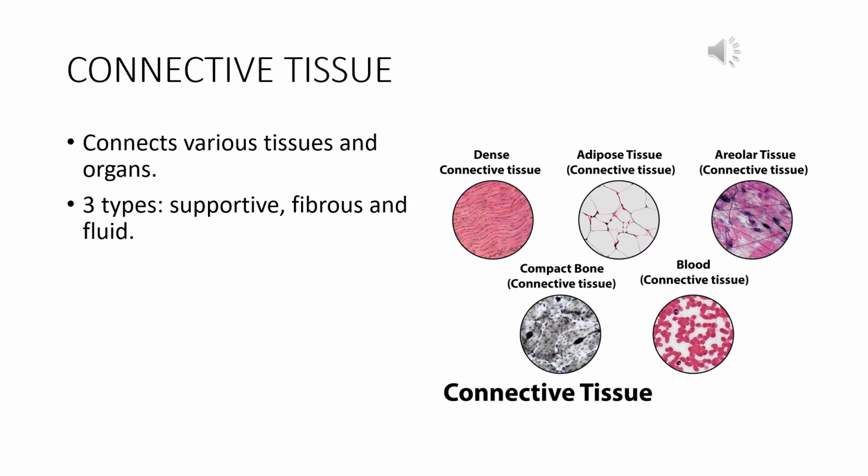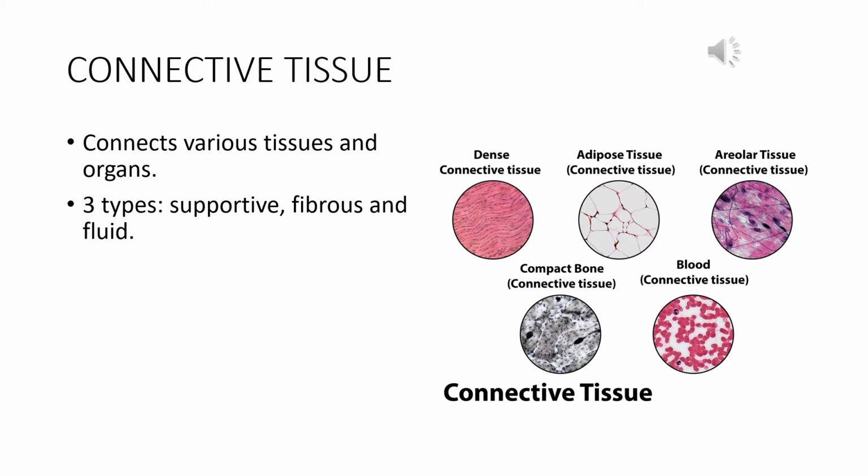Connective tissue connects various tissues and organs, as I have said earlier, and it is of three types. Supportive connective tissue, that contains the cartilage and the bone, makes the supportive framework of our body. The second type is the fibrous connective tissue, and it contains the areolar tissue and the adipose tissue.